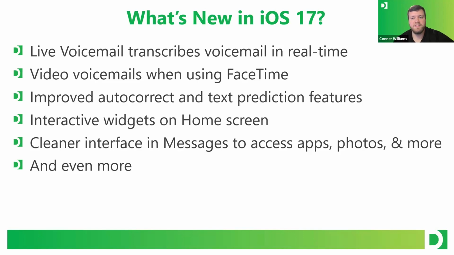If you're in a text message with somebody, there's a little plus symbol on the left side you can tap, and then go into your photos or different areas on your phone to make it way easier to share stuff with people. They cleaned up that interface to make it easier to use. There are lots more updates that have come with iOS 17. I encourage you to research these on your own, just Google search iOS 17 updates and read about it if you're curious.